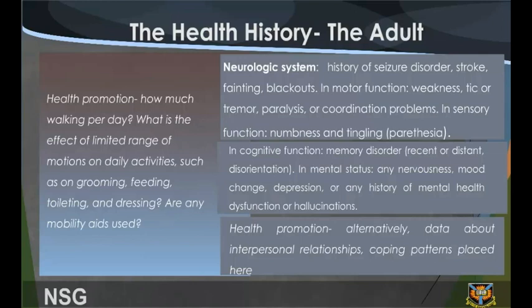Neurologic system. History of seizure disorder, stroke, fainting, blackout. In motor function, weakness, tic or tremor, paralysis or coordination problems. In sensory function, numbness and tingling, paresthesia.